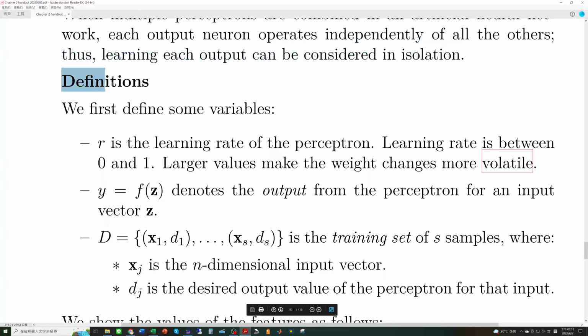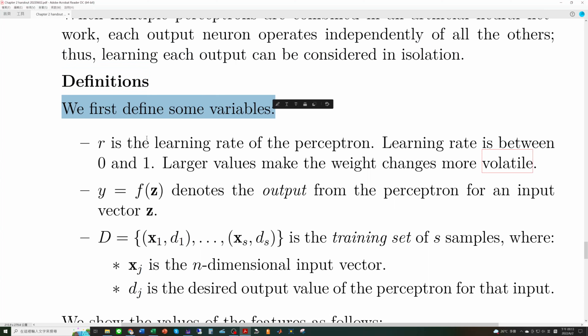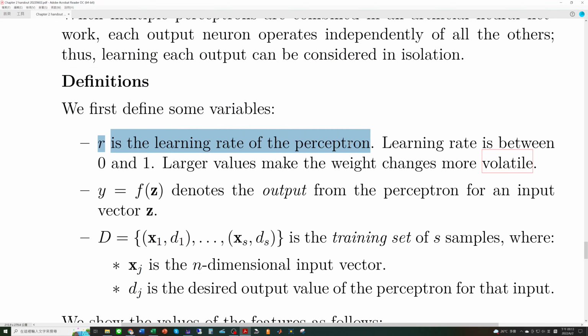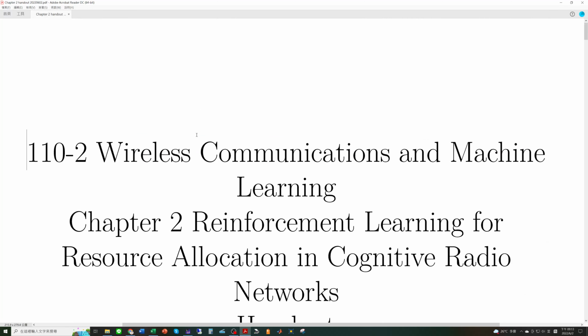Definitions. We first define some variables. First, R is the learning rate of the perceptron. We have introduced what the learning rate is before. If you forget, you can search for learning rate in this handout.